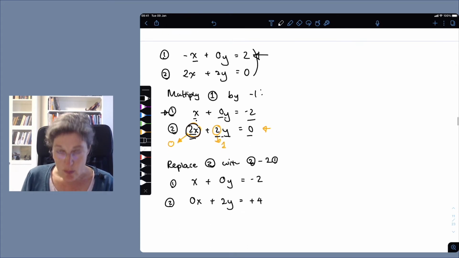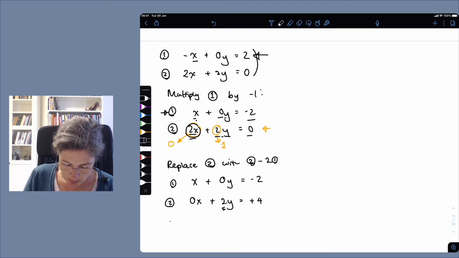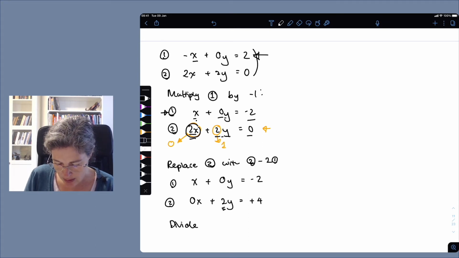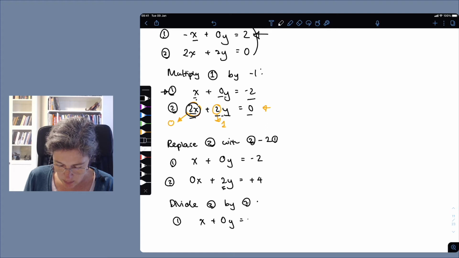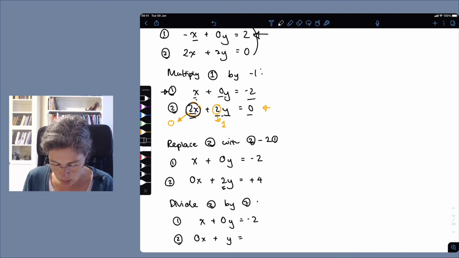And so finally we're almost there. Remember, we want this to be a 1, so let's just divide through by 2. We're going to divide row 2 by 2, and we finally end up with an equation 1, which says x plus naught y is equal to minus 2, and naught x plus y is equal to 2.